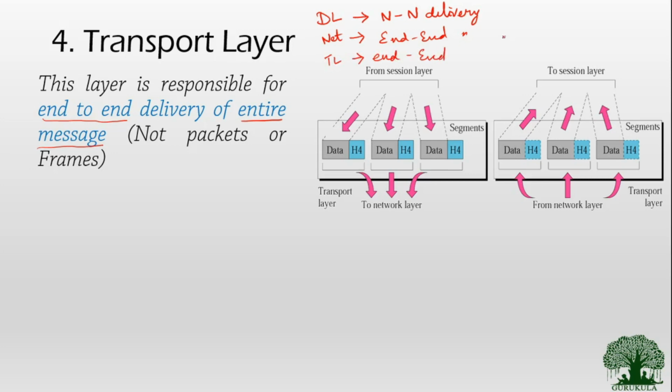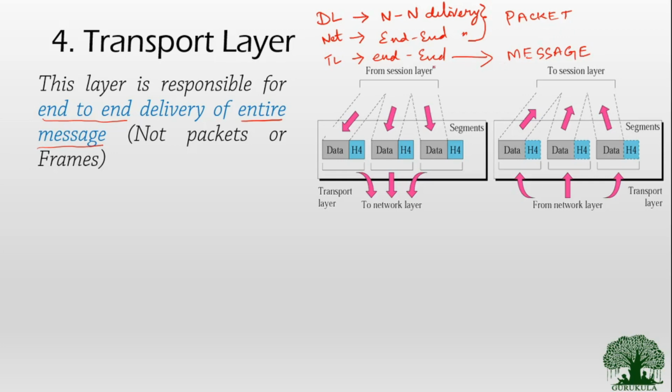Now what makes the difference? Your data link layer and network layer are responsible for node to node delivery or end-to-end delivery of a particular packet, and your transport layer is responsible for end-to-end delivery of the entire message. What is called a message and what is called a packet, we will see in a minute.